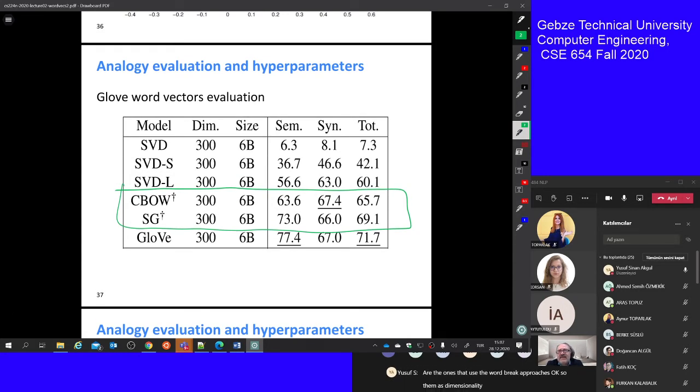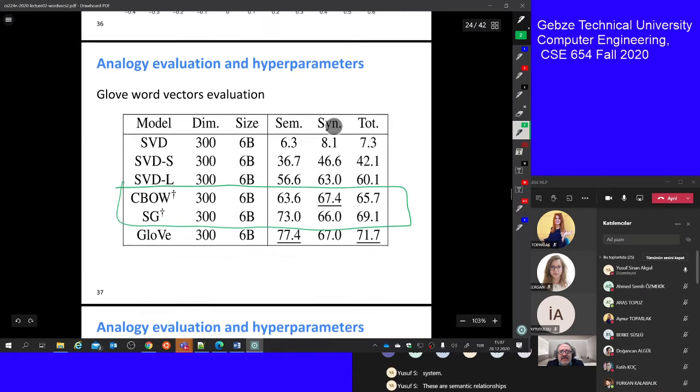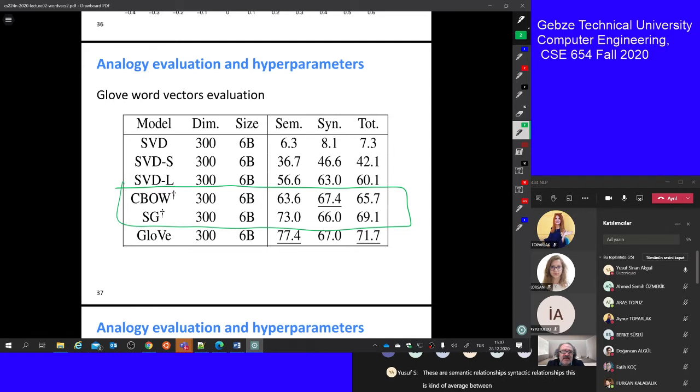So all of these techniques use 300 dimensional vectors. This is the size of the corpora that we have trained our system on. These are semantic relationships, syntactic relationships. This is kind of average between syntax and semantic. Okay, and the higher the number, the better the system.